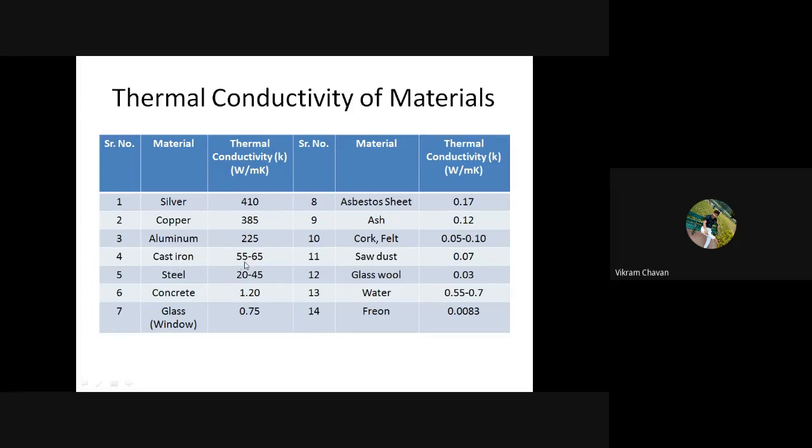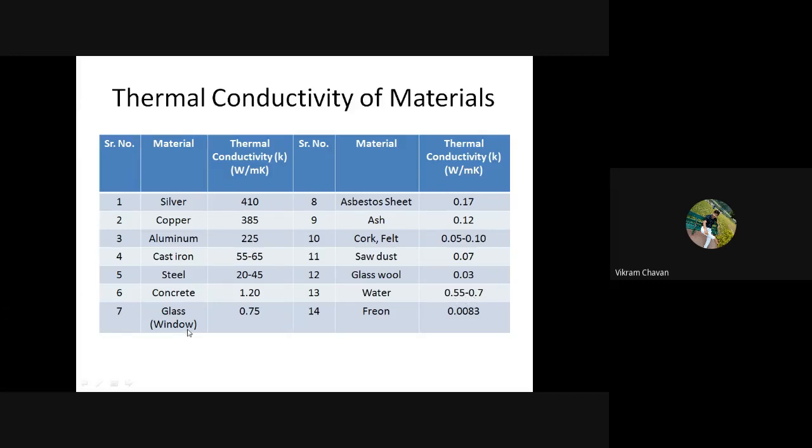So cast iron has a thermal conductivity in the range of 55 to 65, whereas the alloying material, steel, has a thermal conductivity in the range of 20 to 45, which is less than the base metal. The alloying metal's thermal conductivity is less than the base metal's. Then sawdust has 0.07 watt per meter Kelvin, whereas concrete has 1.20 and water has 0.55 to 0.7.